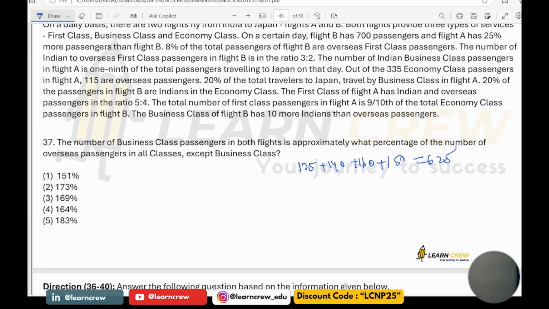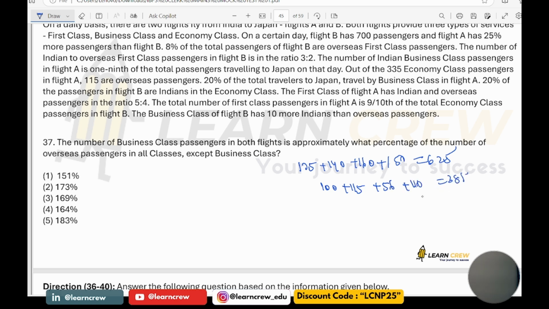Overseas passengers in all classes except business class means economy class and first class: 100 plus 115 plus 56 plus 110, which is 381.